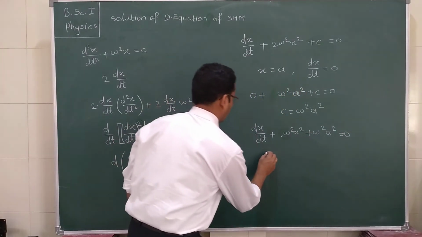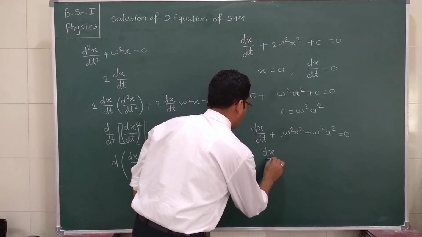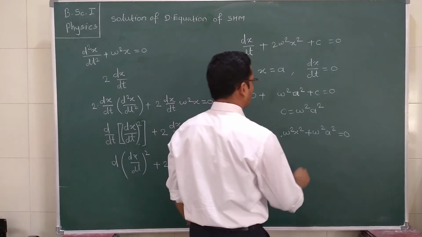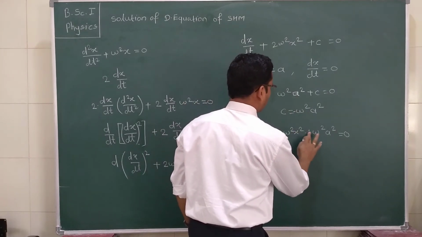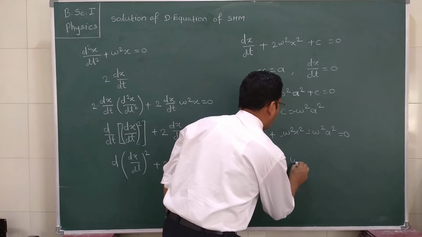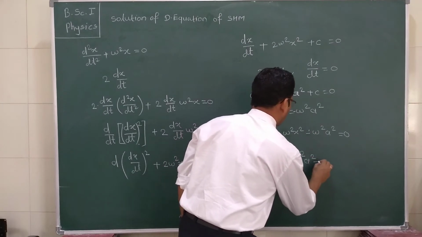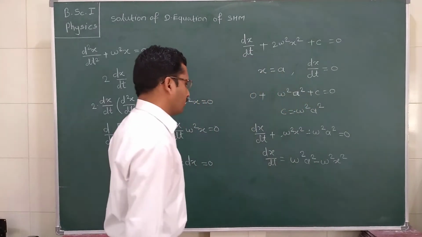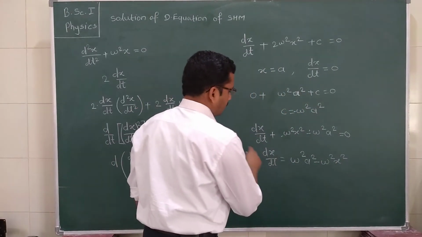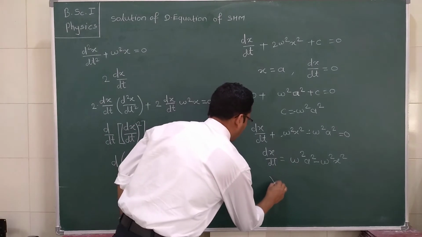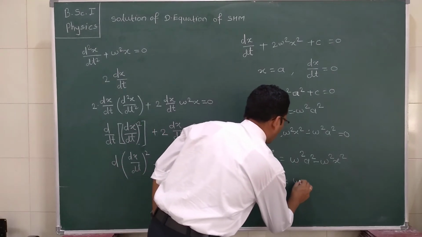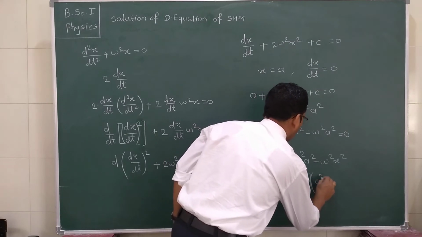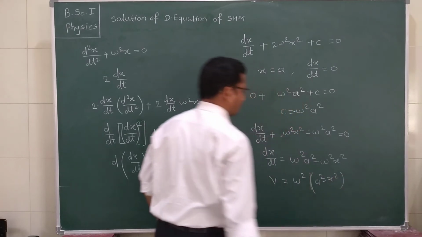Now we write dx by dt squared is equal to omega square a square minus omega square into x square. So what is dx by dt? It is nothing but the velocity. So we can write here velocity squared v square is equal to omega square in bracket a square minus x square.